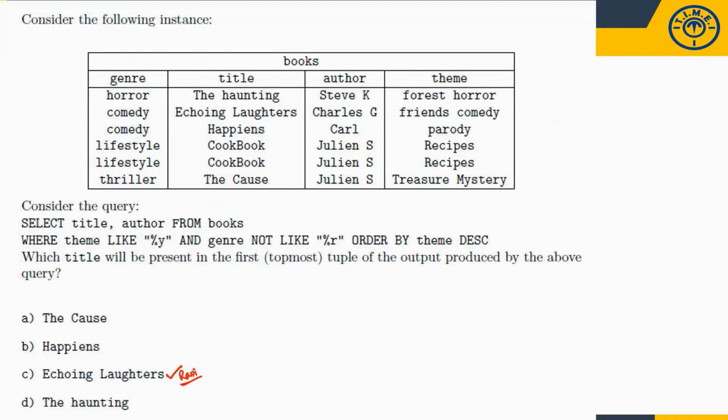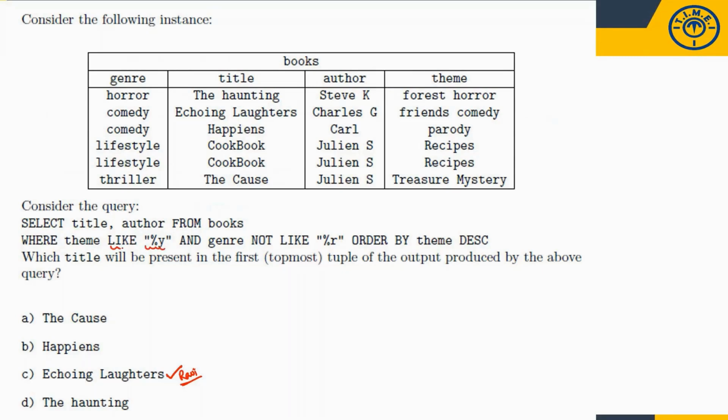This is a basic question only. Select title, comma author from books where theme like '%y'.